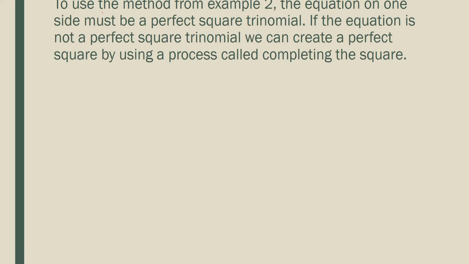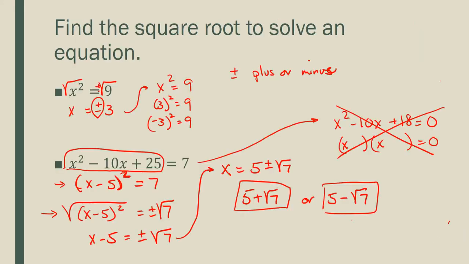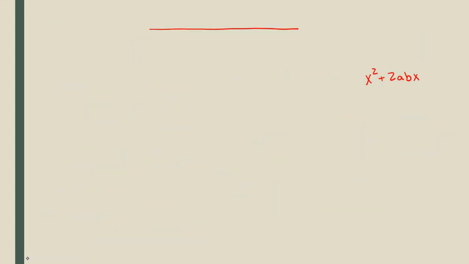To use the method from example 2, sorry, this got cut off a little bit. To use the method from example 2, the equation on one side must be a perfect square trinomial. That means that I have an x squared, the middle term is 2 times a times b times x, and the last term is b squared.